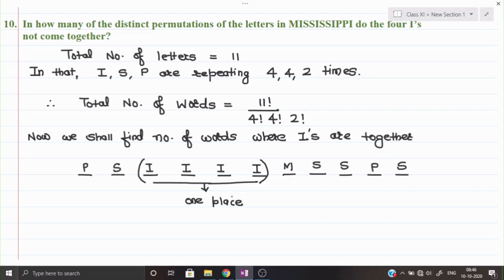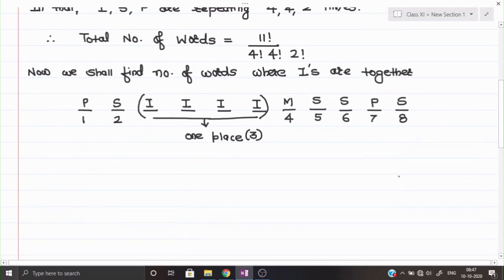Okay, and now the total number of places will also be reduced, as all 4 places are clubbed into one place. So we can say that my total number of places will be 1, 2, then this one is 3, this clubbed place I am supposing 3, then 4, 5, 6, 7, and this one is 8. So I can say that here the total number of places will be equal to 8.